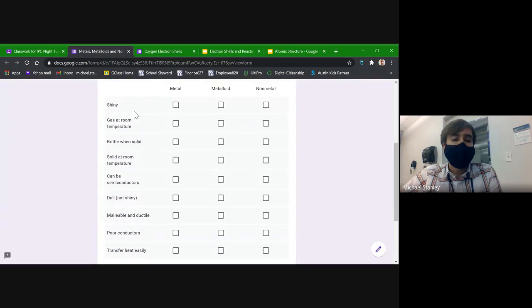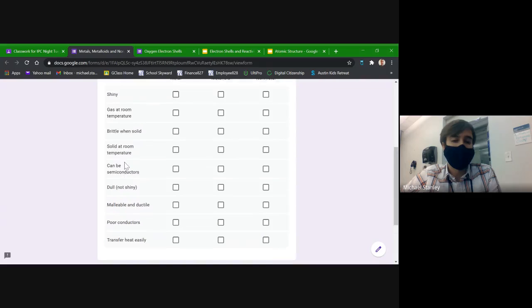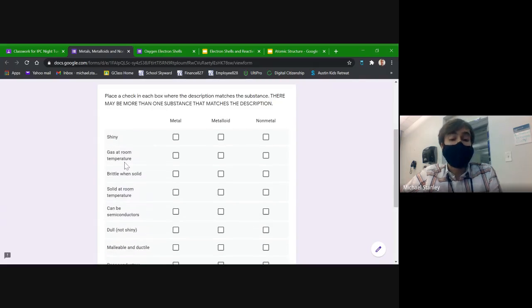And so I have a whole bunch of descriptions, characteristics listed out over on the left here. And for each one, I want you to tell me, does this describe a metal, a metalloid, a nonmetal, or a combination of those? So there could be more than one substance that matches the description.